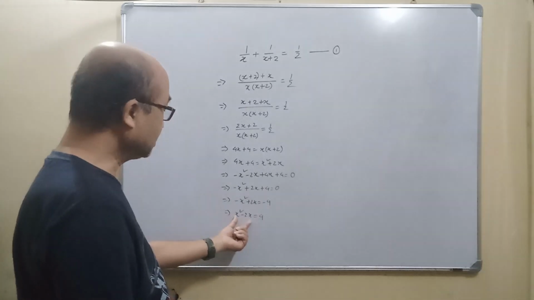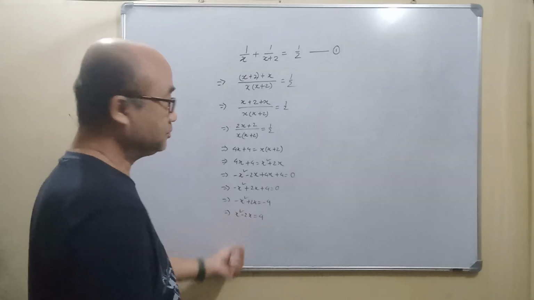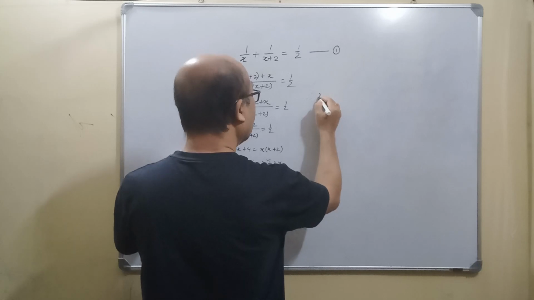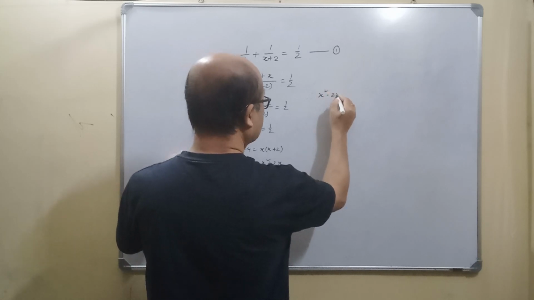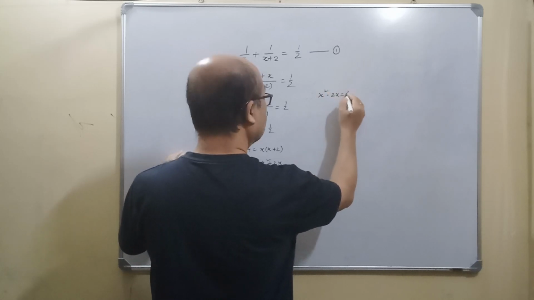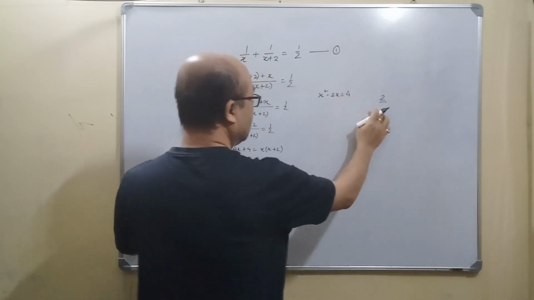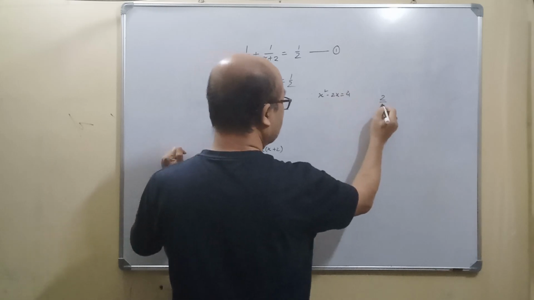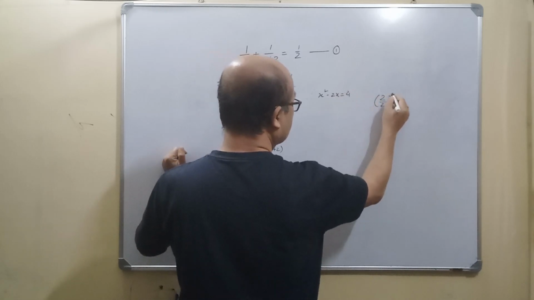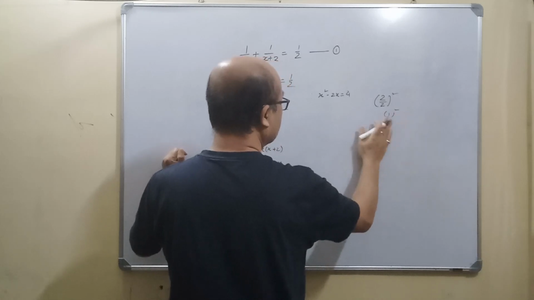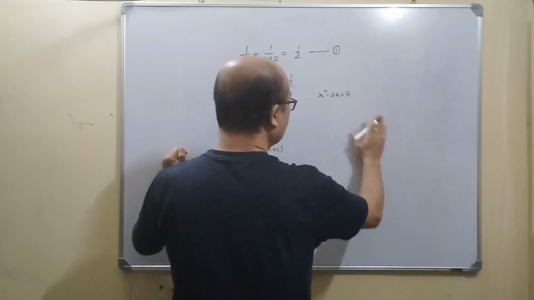So we need to make this a perfect square. Hence x square minus 2x is equal to 4, which means we need to convert it to perfect square. So we divide coefficient of x by 2, then square it, which means it is 1 square, which is equal to 1. So we need to add 1 to both the sides.